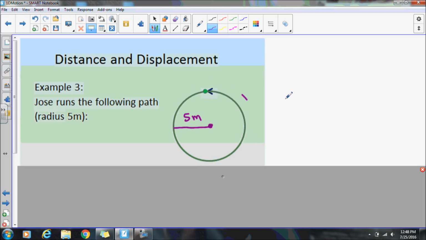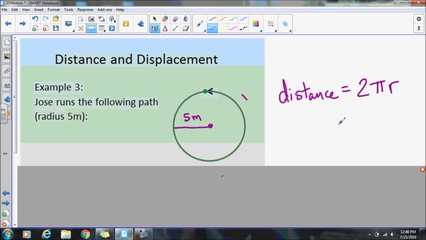To find circumference from math, so we'll say D for distance. How about distance? We'll just put distance. There we go. So there's no confusion. So distance is going to be the circumference, which we find by 2 pi r. Again, you're probably not going to see this on the test, but it's just, again, emphasizing the difference between distance and displacement.